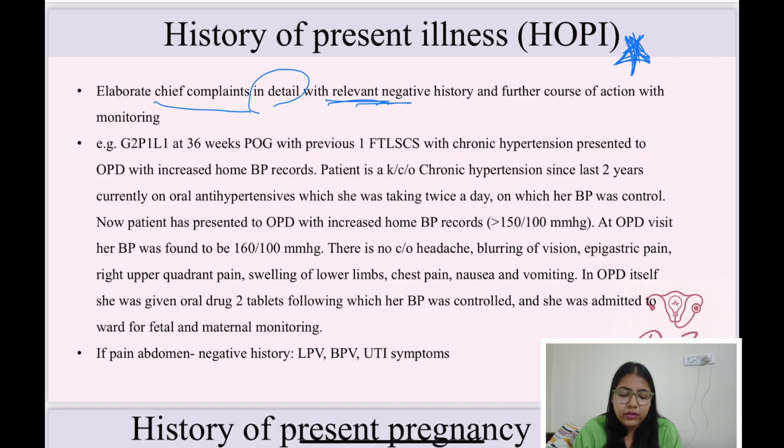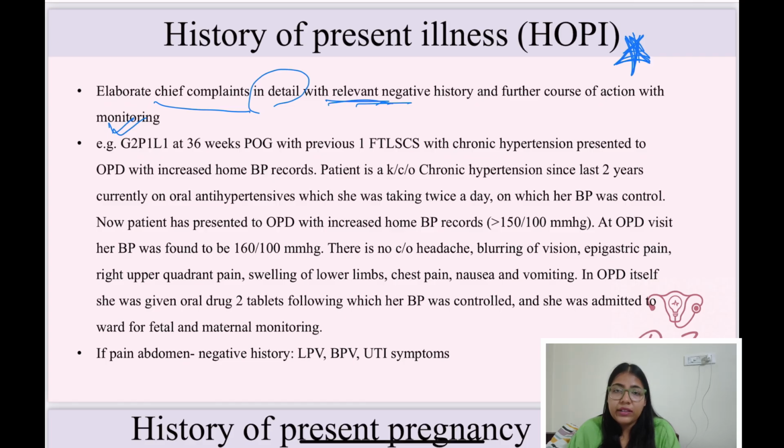Like the patient is of chronic hypertension. So suppose the patient presented to OPD with raised BP records, and she was on certain medication, maybe the dose was inadequate, so her BP was not managed on those medications, and then the patient was admitted.